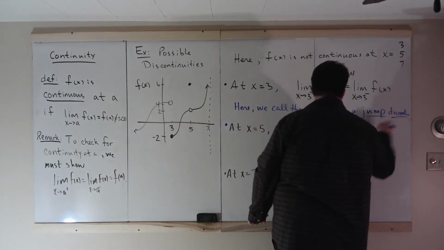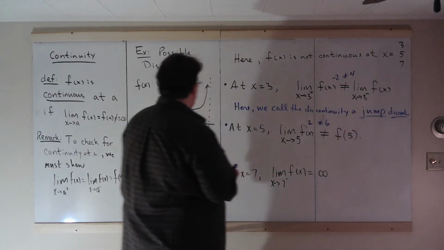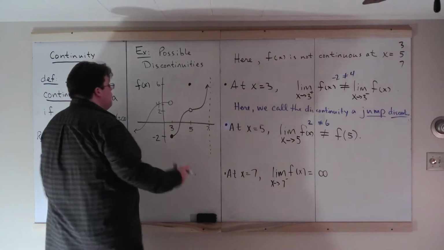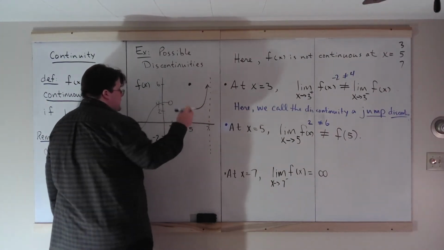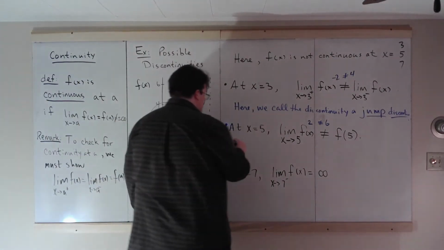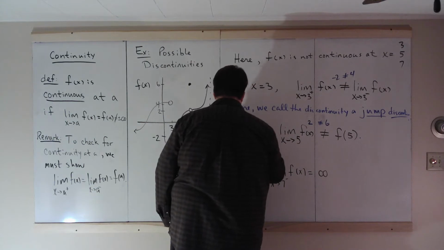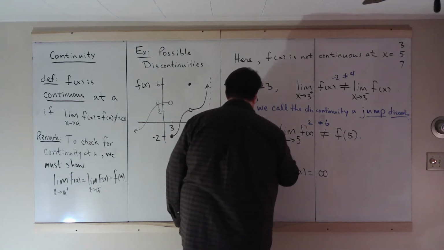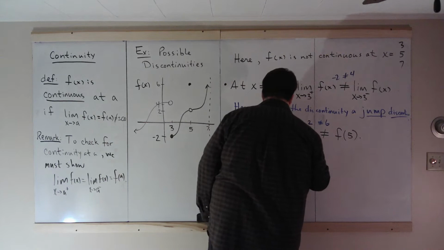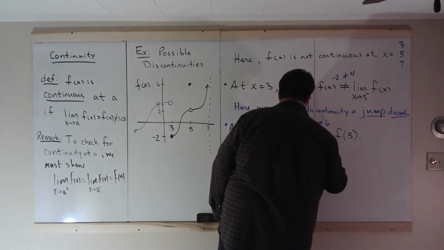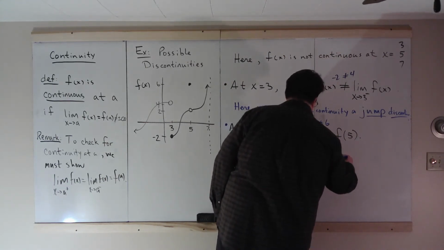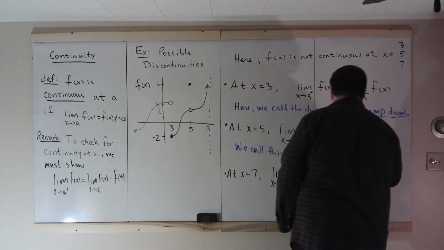So a jump discontinuity. The next one, at x equals 5, when it's not continuous because of a single point, we call that a removable discontinuity.